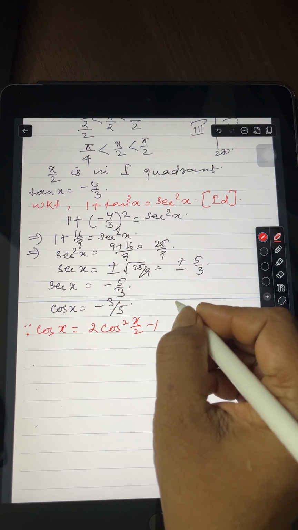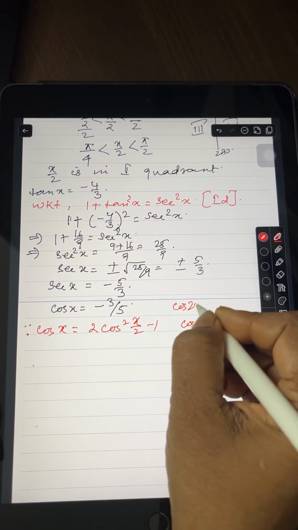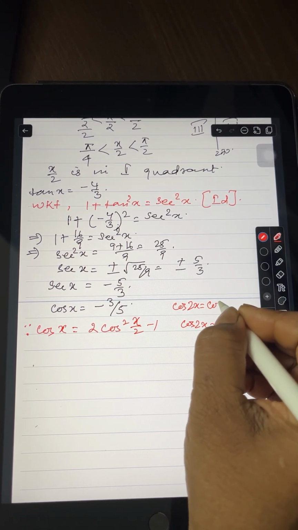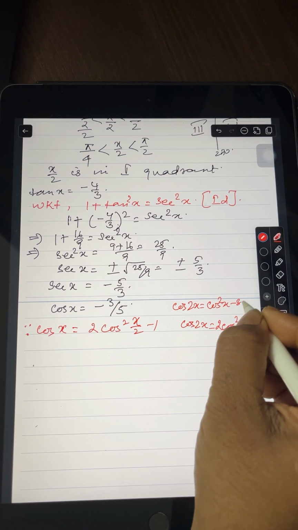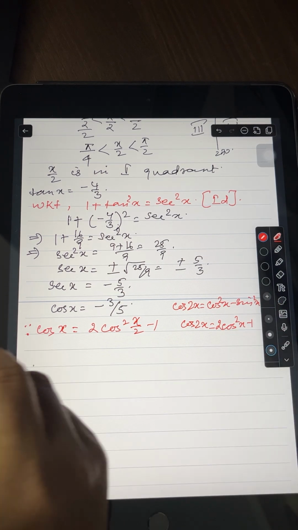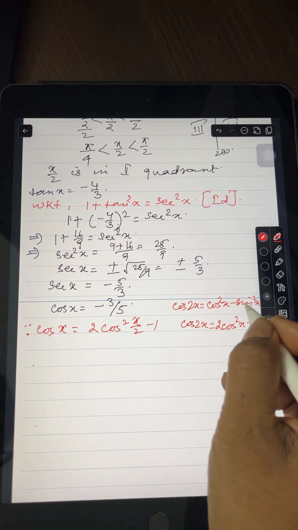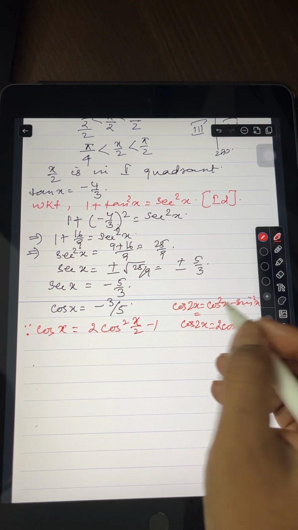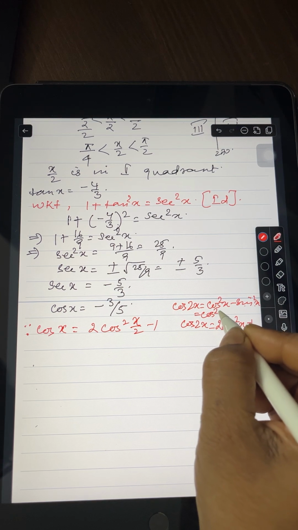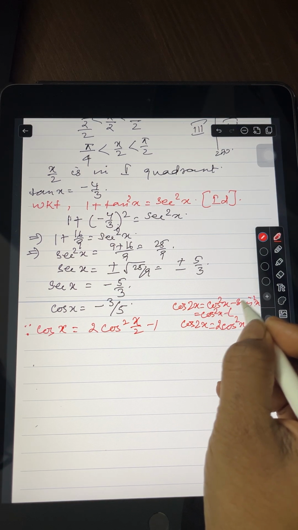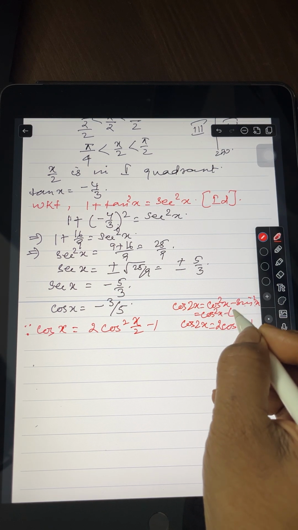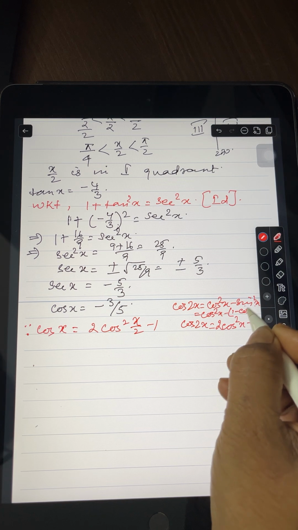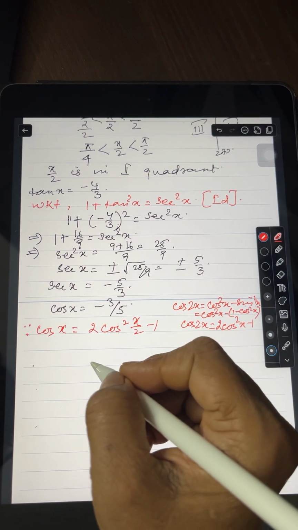How are you getting this? Cos 2x is equal to cos square x minus sin square x. When I change the sin square x to cos square x, what will I get? Cos square x minus, sin square x is 1 minus cos square x.